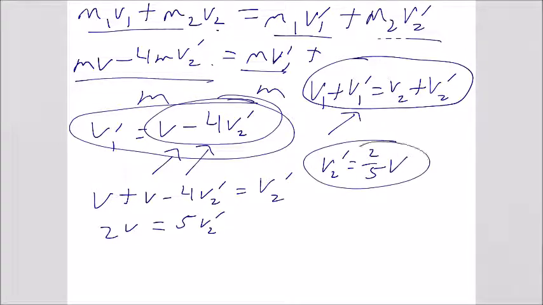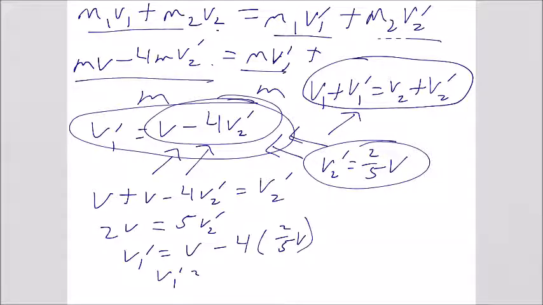Now we can take that and substitute it in. The easiest place to substitute it would be into this equation. So when we substitute it into this equation, we end up with v1 prime equals v minus 4 times 2/5 v. We solve that for v1 prime, and v1 prime is equal to negative 3/5 times the original velocity.